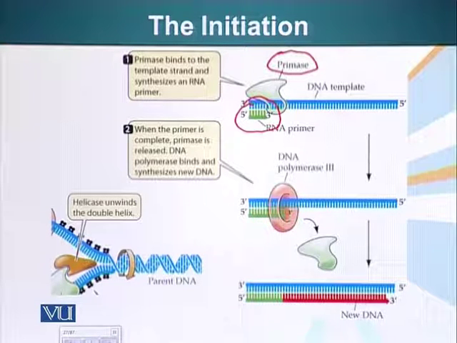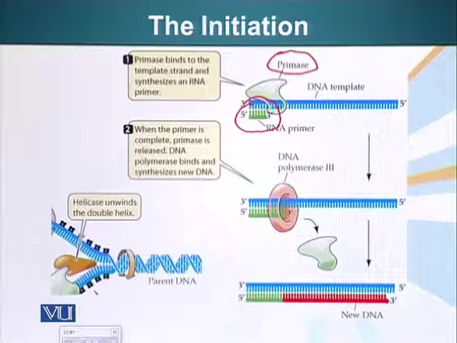The next requirement is that now we can extend this little primer and form the new DNA molecule. That is done by a type of DNA polymerase which is called DNA polymerase 3. As you know, the DNA polymerase can only synthesize the DNA strand from 5' to 3' end.